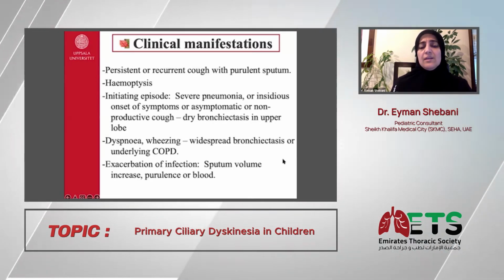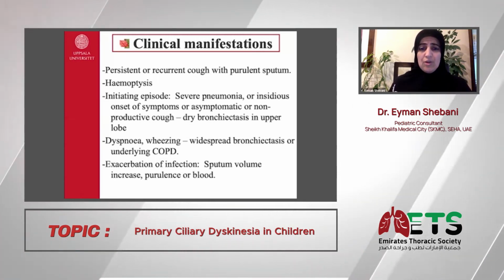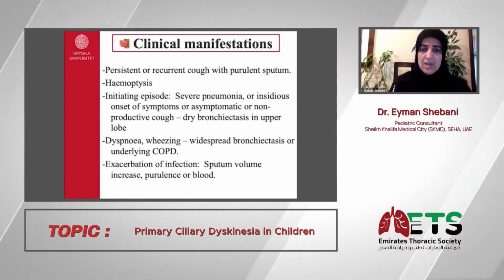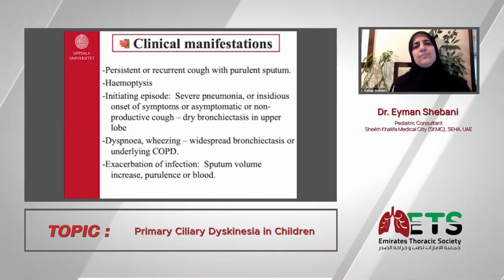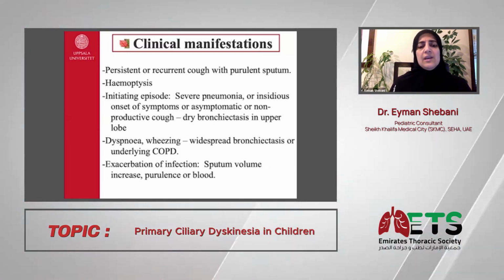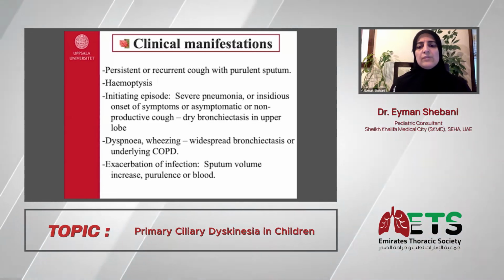So basically, when you have someone with chronic recurrent infections, you should always think about PCD, or patients who are not controlled asthmatics, or who always have secretions. The top differential would be CF, so you have to rule out CF and PCD.